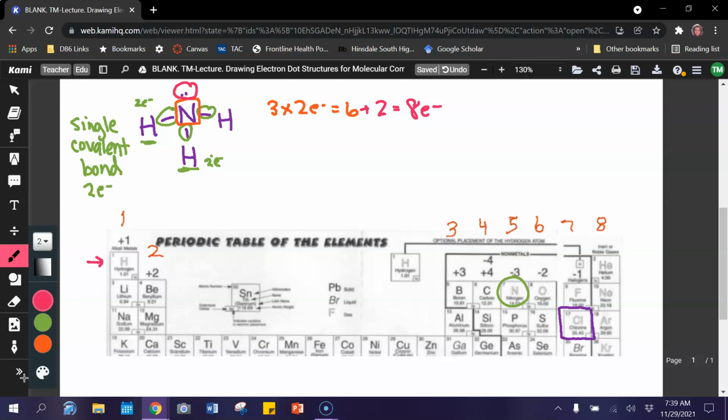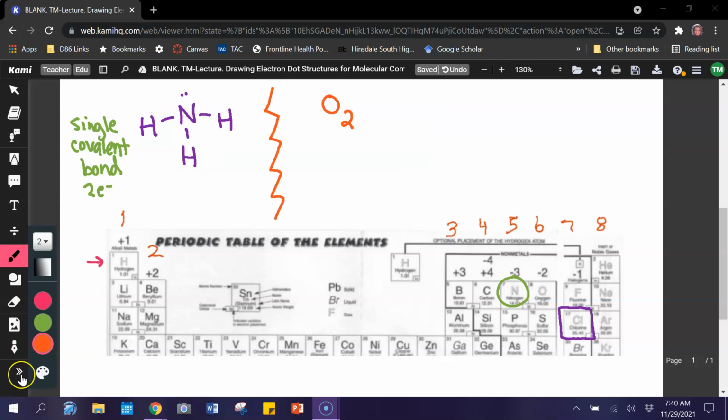That means that my nitrogen has 8 electrons all around it. It has a full valence shell, which was the whole purpose in the first place, right? Remember that nonmetal atoms are going to share electrons with other nonmetal atoms in order to achieve a full valence. Okay, so I just wanted to make sure that I talked to you about that.